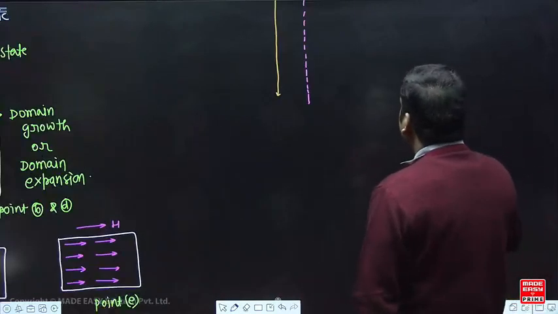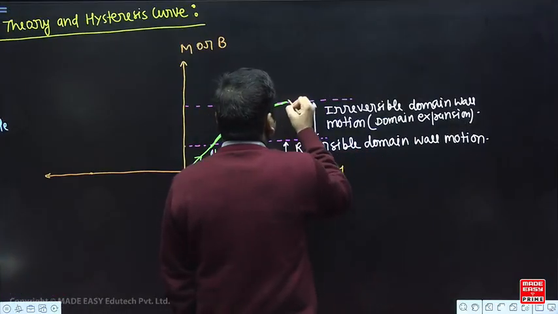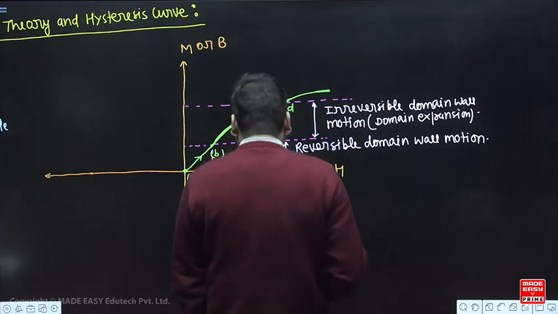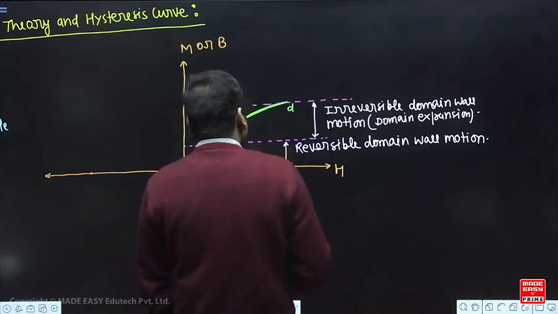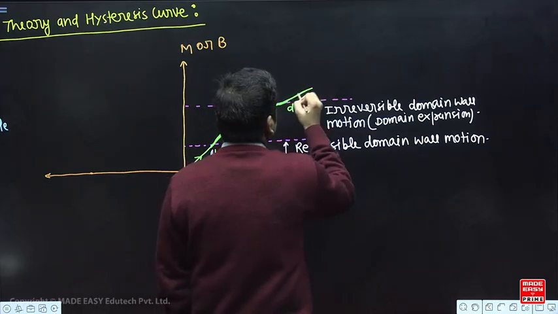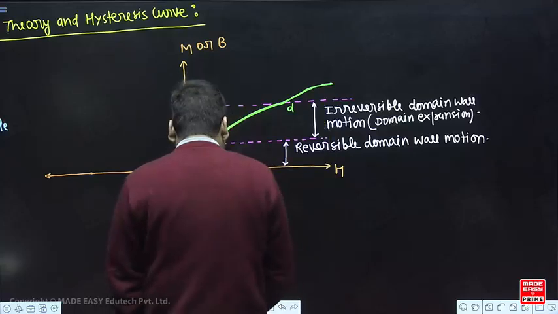So point D के beyond domain walls खत्म हो गई हैं. Now dipole rotation will take place, and it will take place till the dipoles become parallel to each other, like this, and parallel to the applied magnetic field.